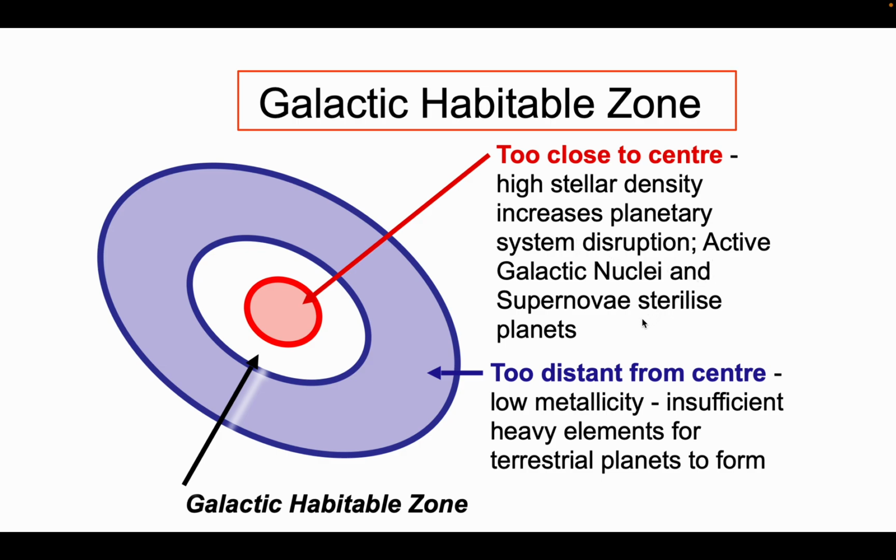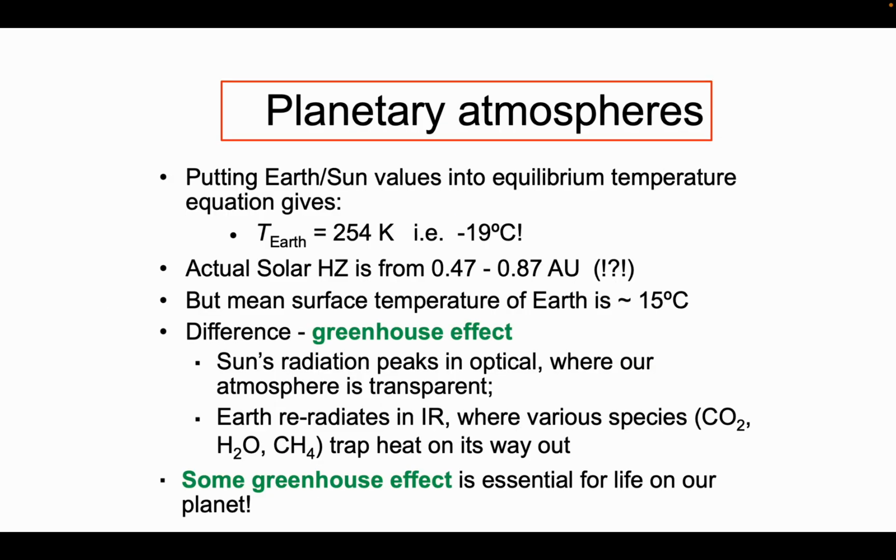AGN and supernovae will sterilize the planet. In the very outer part of the galaxy, there will be low metallicity, with insufficient heavy elements for terrestrial planets to form. We will introduce galaxies from the next class.